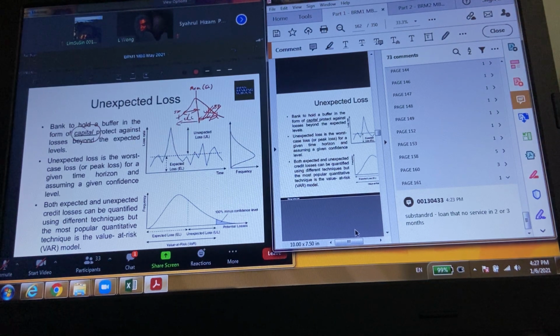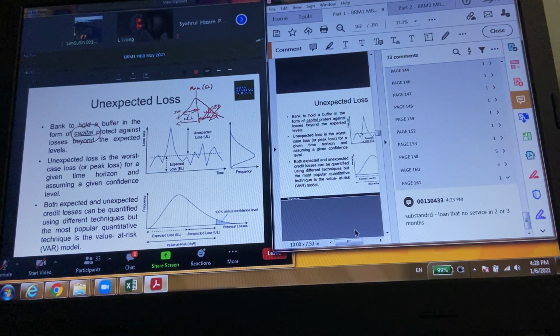So unexpected loss can be expensive, because it comes from the capital of the company, not from the profit. Capital means you must take out new money to put into the business. Whereas expected loss means provision, which you take from your profit. You don't have to take money out of your pocket; you just set aside something from where you earn, just like setting aside part of your salary to cater for it.